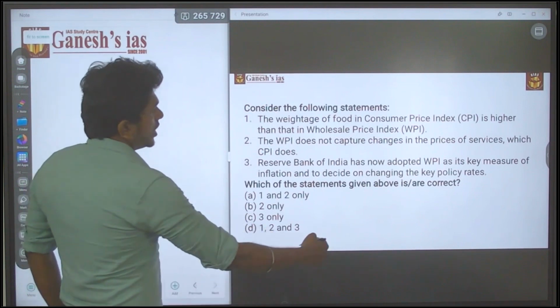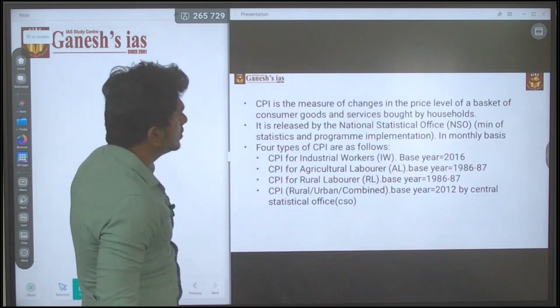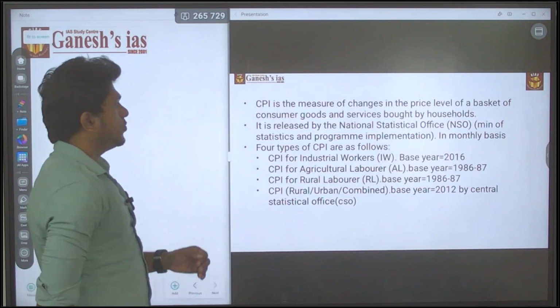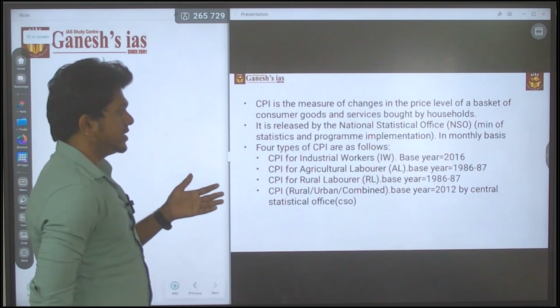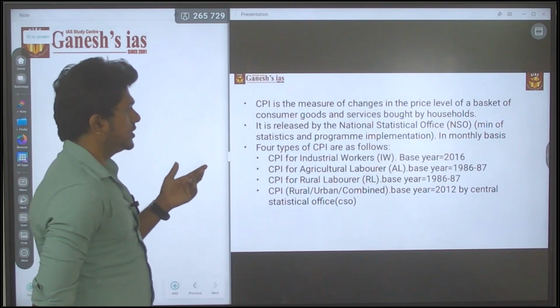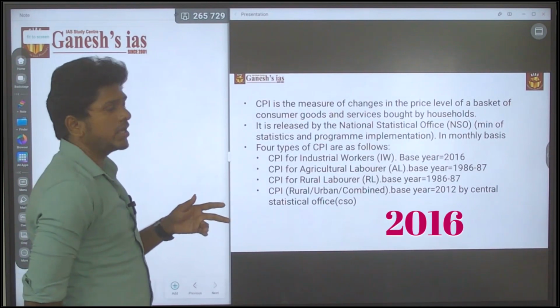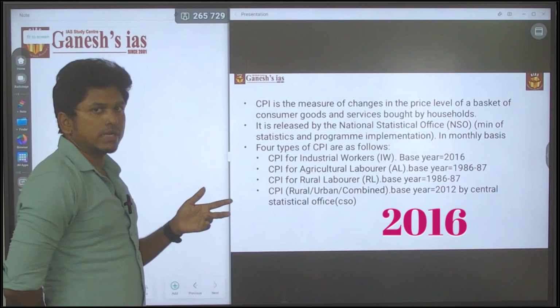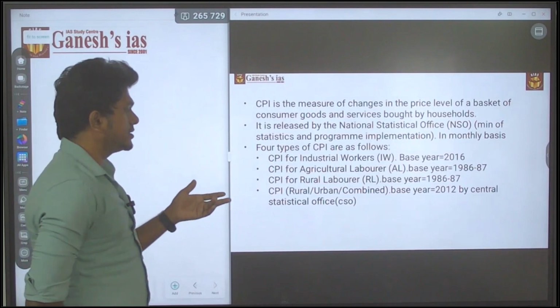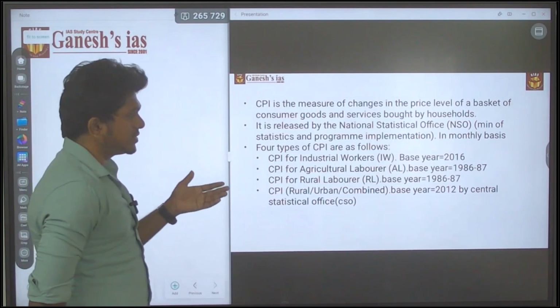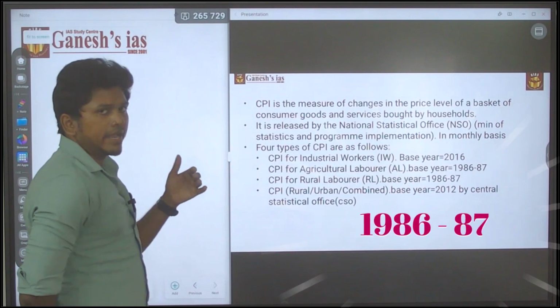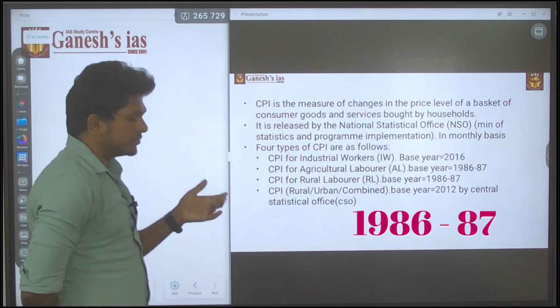Okay, I made certain slides related to that. The CPI is released by the NSO. For CPI for industrial workers, the base year is 2016. There may be questions related to that also, so try to memorize that. CPI for agricultural labour, the base year is 1986-87.